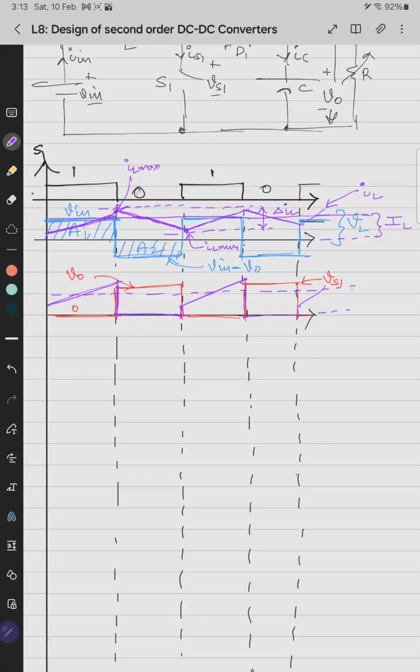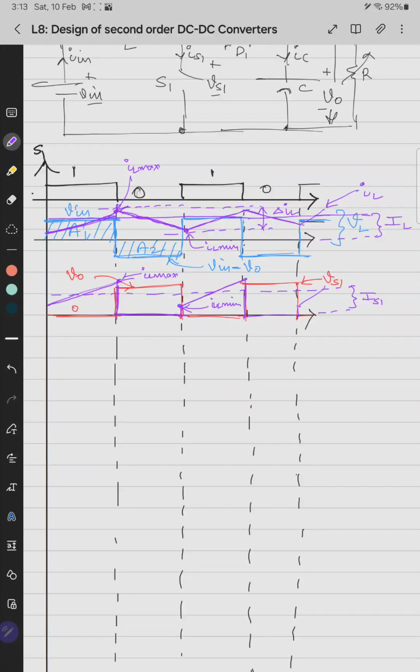I will write here: this average value is capital I S1. So again, this is IL max and this point is IL min.